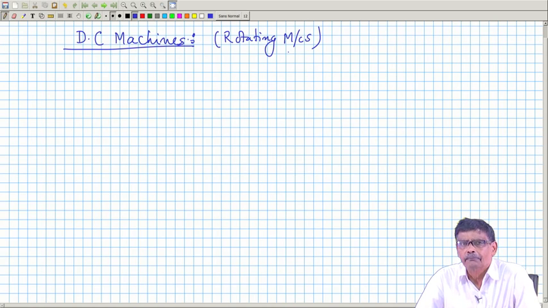If this problem were posed today, that you want to generate DC, one solution many people will give is: generate AC, because AC generation is so simple, and connect a rectifier to get DC. But in those days rectifiers were also not there. So, it was the DC machine.